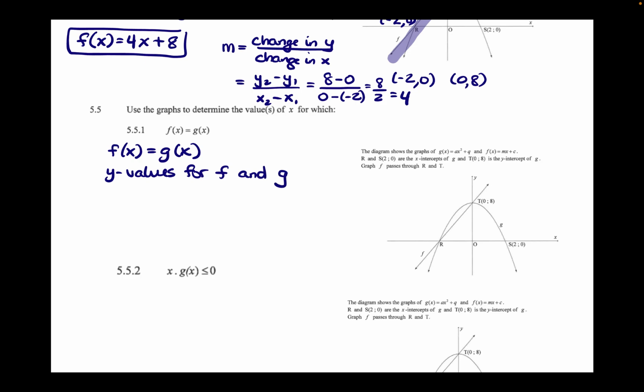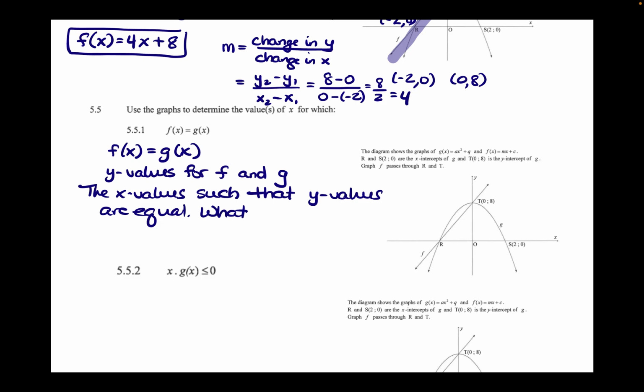So what we're trying to find here is the x values such that the y values are equal. In other words, what are the x values where these graphs cross? Where these graphs intersect?